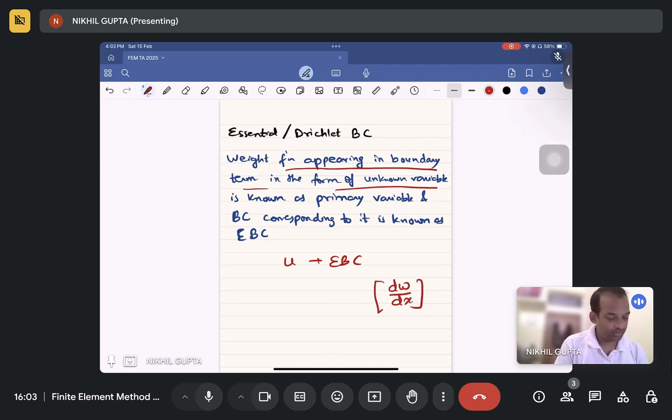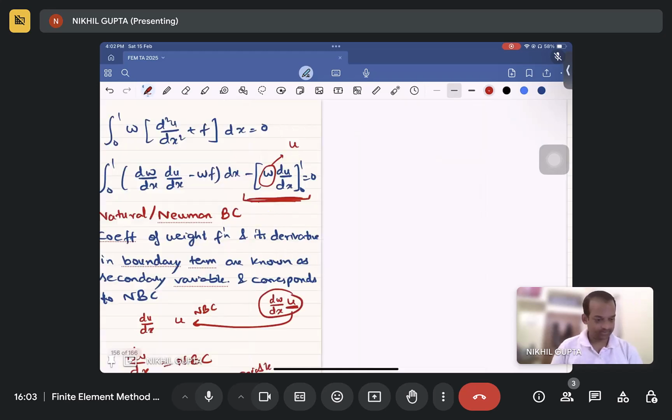Then what will be your EBC? It will be du by dx. Did you get that? Yeah. So now, along with the boundary conditions as essential and natural, you can tell what the primary variables and the secondary variables are.